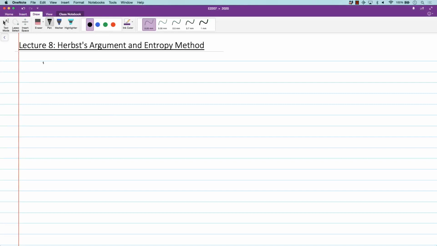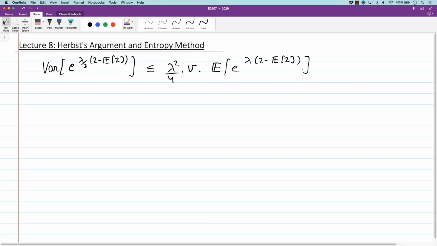We saw that if you can establish that the variance of e to the power lambda by 2 (Z minus EZ) is less than or equal to lambda square by 4 times some constant times the expected value of e to the power lambda (Z minus EZ), then this implies that the log moment generating function of Z minus EZ, evaluated at 1 by root v, is less than a constant, log 16 by 9.